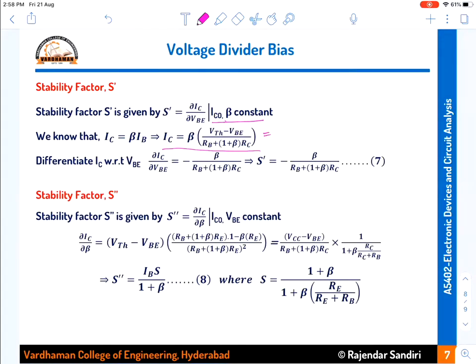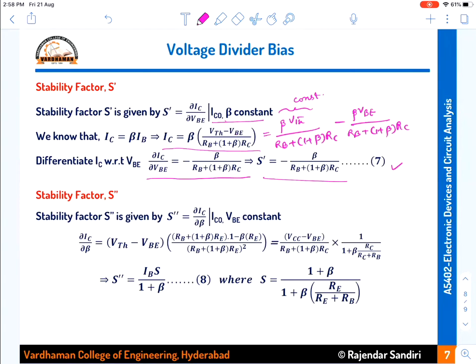This first term is beta into V Thevenin by RB plus 1 plus beta into RE, minus beta into VBE by RB plus 1 plus beta into RE. So this term is constant. If you do the differentiation, 0 minus beta VBE is a variable, the remaining entire thing is a constant. So simply you will get minus beta by RB plus 1 plus beta into RE. Therefore, the S dash value is the 7th equation.